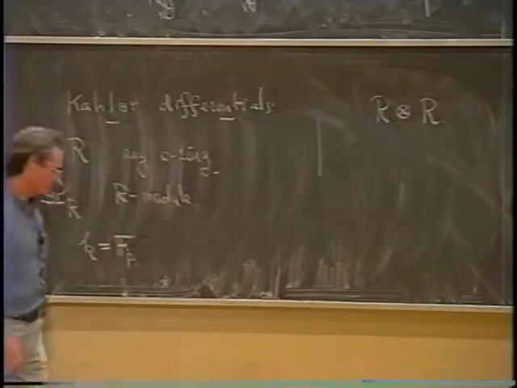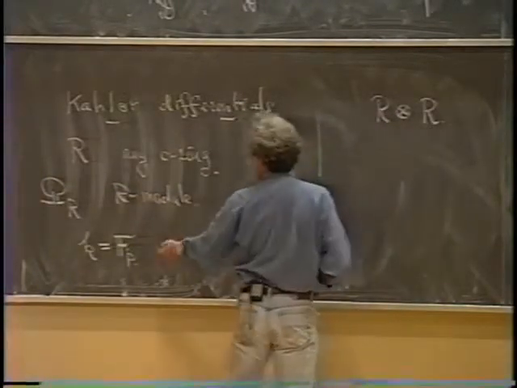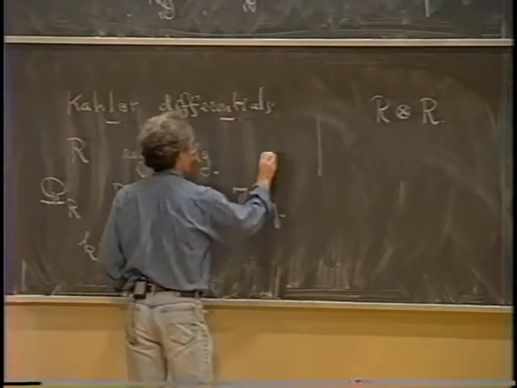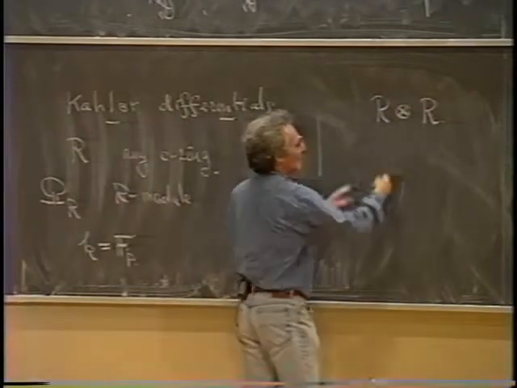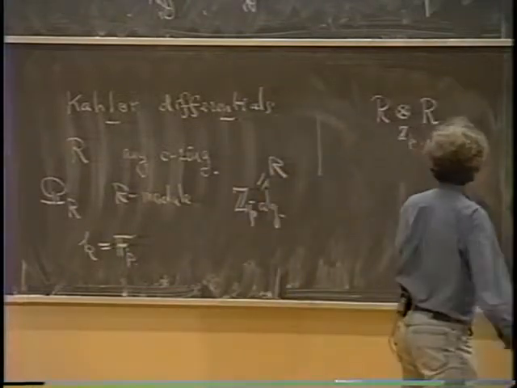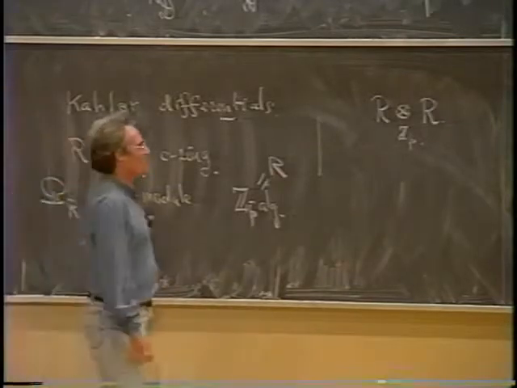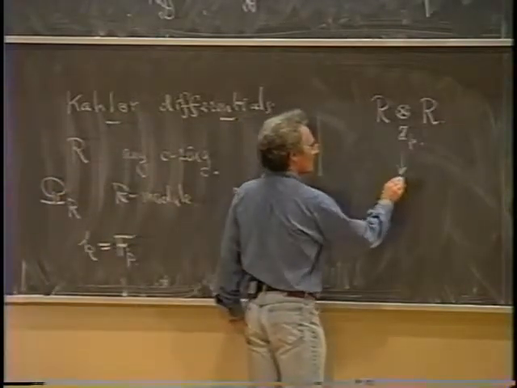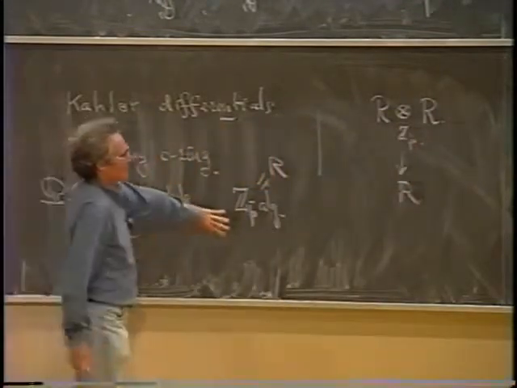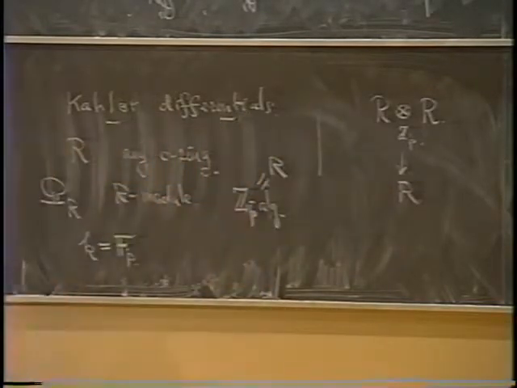So R is a Z_p-algebra, and the tensor product, if it's unlabeled, will mean over Z_p. There's a natural mapping of this to R, namely the product. From the geometric level, if one takes Spec R, it's like the diagonal in the product of the space with itself.